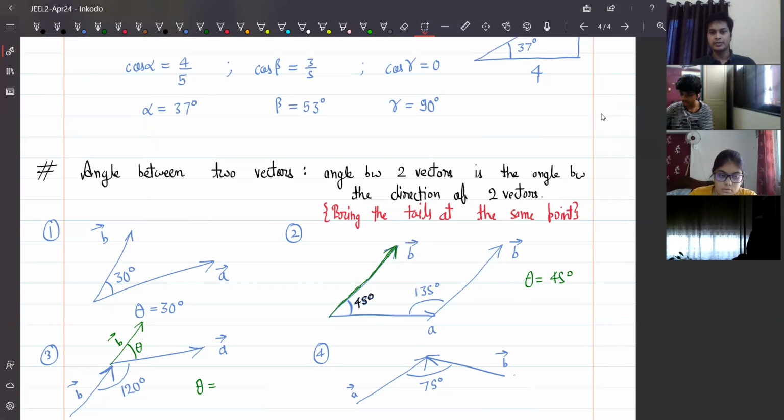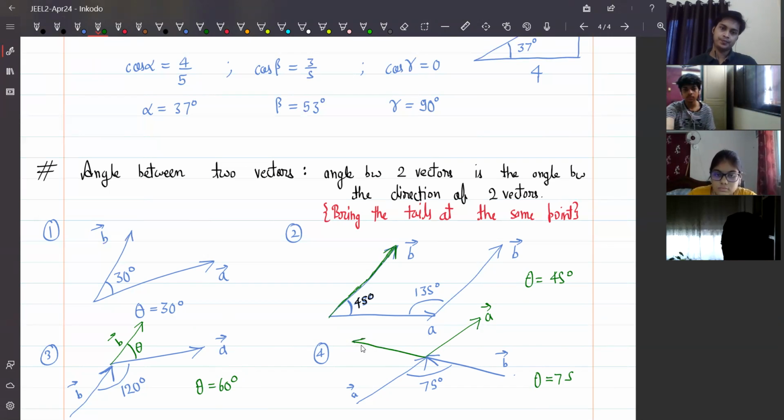Nirmit, what's the angle between A and B for question number 4? 75 degrees. 75 is correct. Here you have to move both A and B. So the angle will be, it is vertically opposite, that will be 75 only.